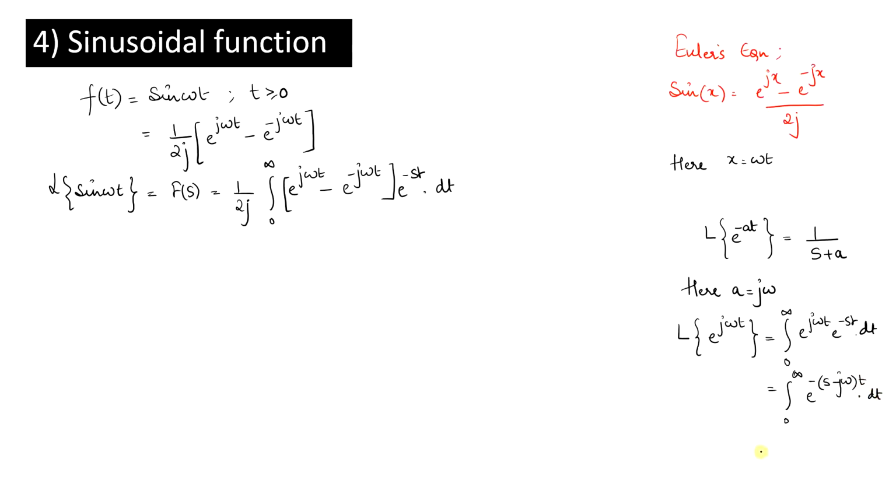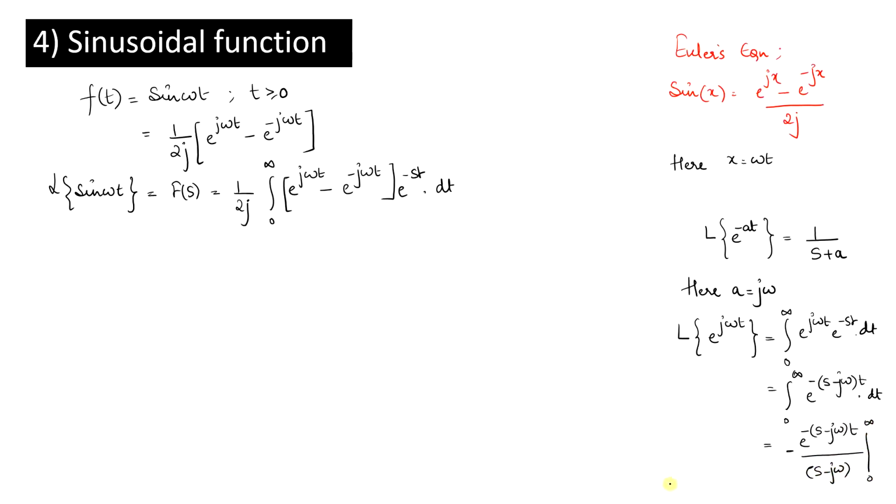So this is e power minus s minus j omega t divided by minus of s minus j omega, from 0 to infinity.